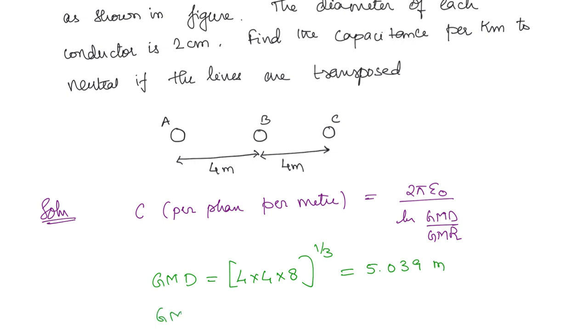And what about GMR? This is nothing but the radius of each conductor. There is only one conductor in one phase, so it will simply be the radius. Diameter is given to be 2 centimeters, so radius is 1 centimeter.